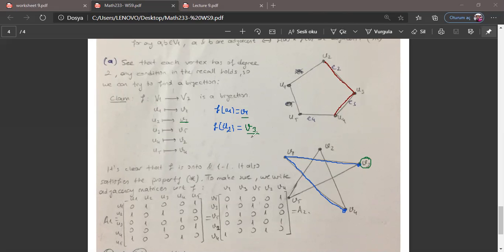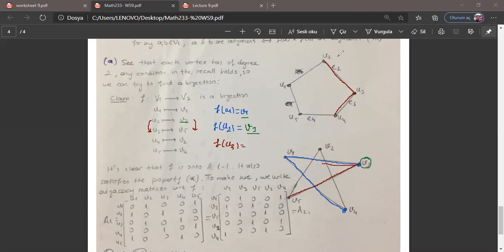We said f of U2 is V3. We're looking for f of U3. So U2 is a neighbor of U3, so their images should be neighbors. So the image of U2 is V3. So what are the neighbors of V3?